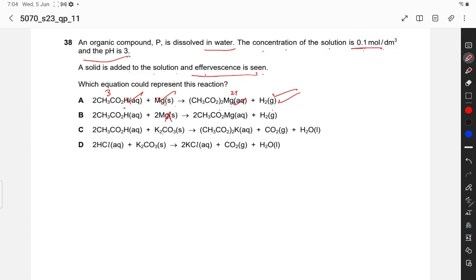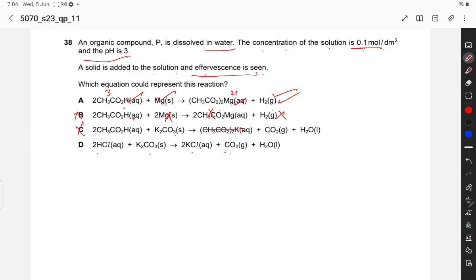The next is not correct, because the formula is incorrect and the balancing is incorrect. K2CO3, 2K, no, this is not the correct formula, so this is also incorrect.